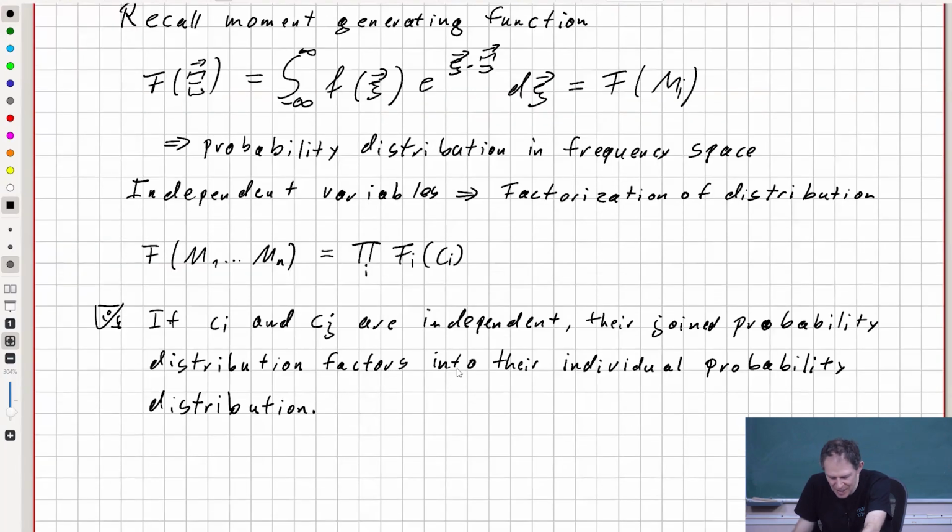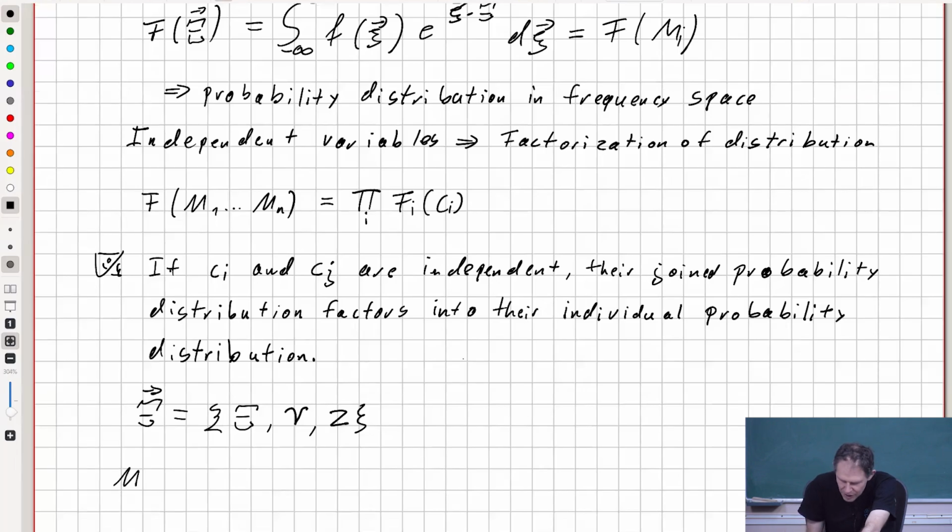So let us come back to our moments and our moment generating function, and I remind you that the velocity frequency was defined as the vector of xi, upsilon (this is supposed to be an upsilon, I never write this properly) and zeta. So these are the three different velocity frequencies.